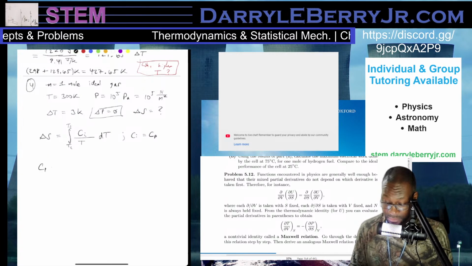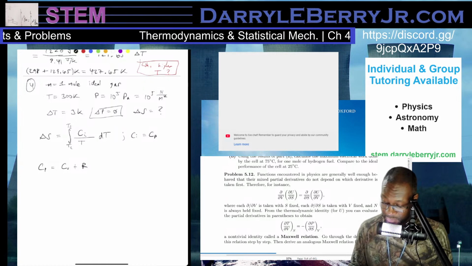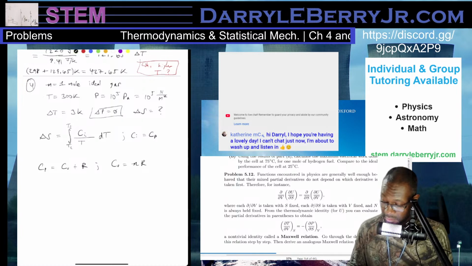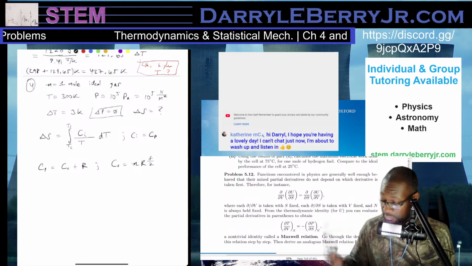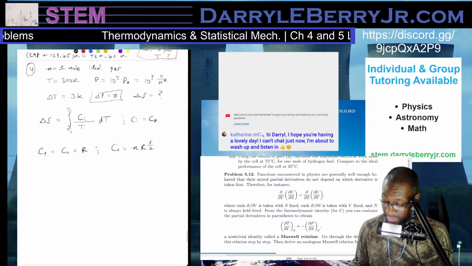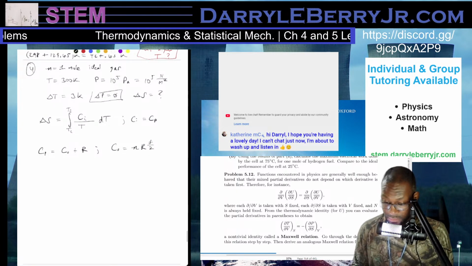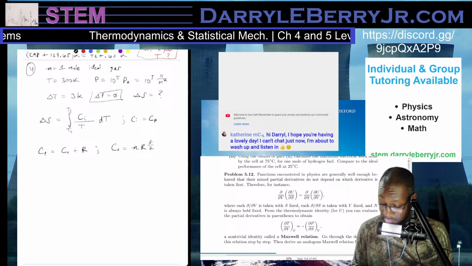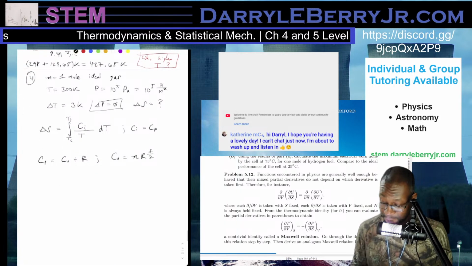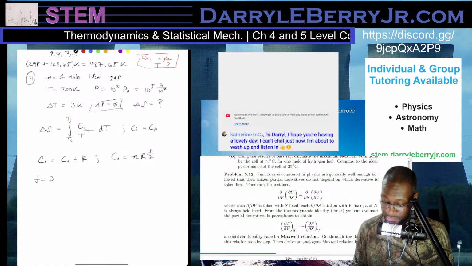And Cp equals Cv plus R. And Cv equals NRf over 2. That's just the degrees of freedom. And since this is a monatomic gas, f equals 3.